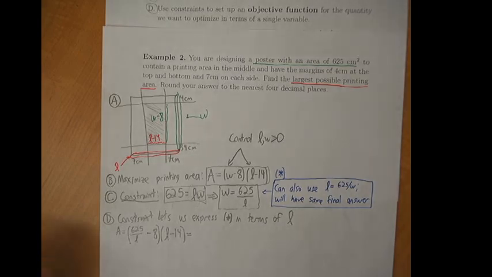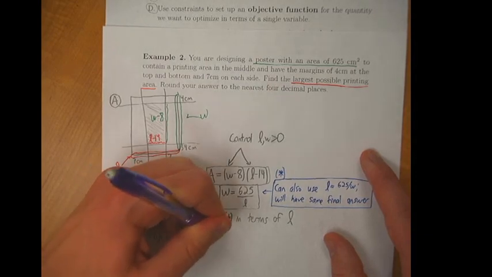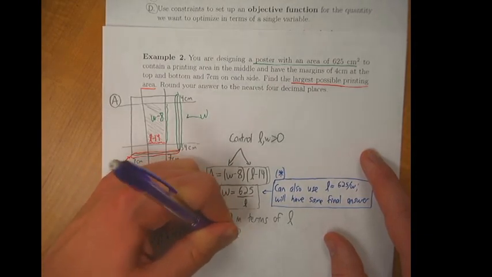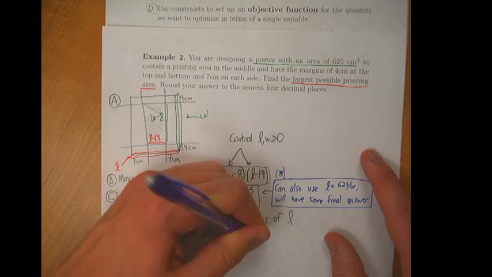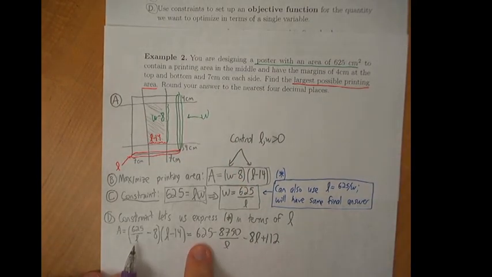I got 625 minus 8,750 over L minus 8L plus 112. Yep. So if we FOIL this out, we have 625 minus 8,750 over L minus 8L and then plus 112.